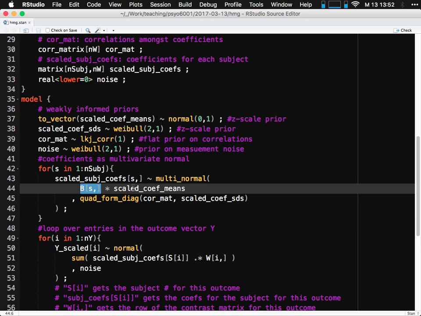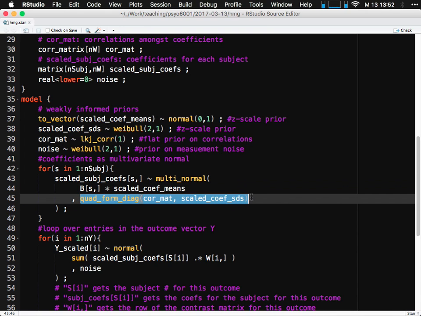So if there's an effect of the between subject coefficient on any of the within subjects predictors, this works that out. This also, because this includes the intercept, will work out, of course, if there's a between subjects effect on the intercept. And we've got the covariance matrix being built up here from the standard deviations and the correlations.